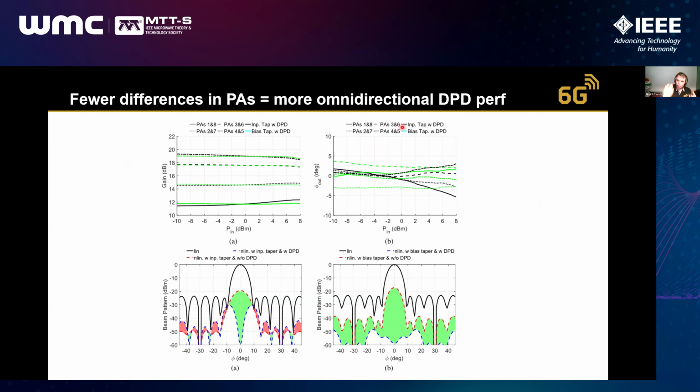And when we then took this one and linearized the common effect, we can see that we had quite good omnidirectional DPD performance. Compared to that, if we had driven the similar PAs with different input amplitudes, so we wouldn't have this bias control here, we would achieve very directive linearization because they had to cancel each other in order to make a linear output, because there's not so much common distortion happening there.